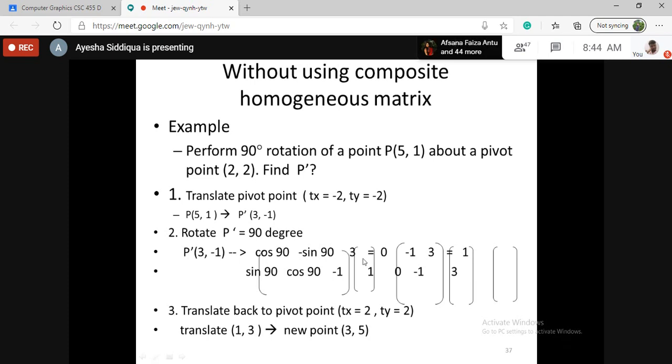Write cos 90 degree, minus sine 90 degree, sine 90 degree, cos 90 degree. Cos 90 degree is 0, sine 90 degree is positive 1, so we get minus 1, then 1, then 0. So 0, minus 1, and then 1, 0, isn't it? Yes, ma'am.